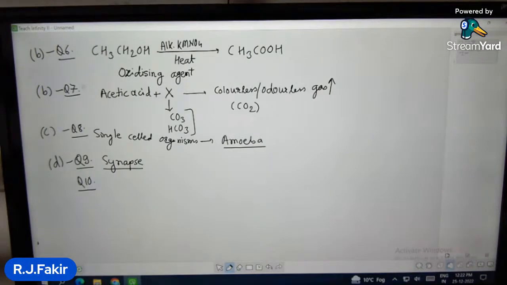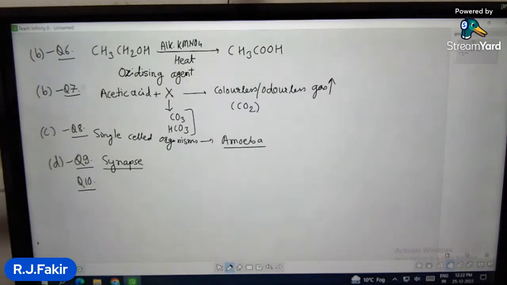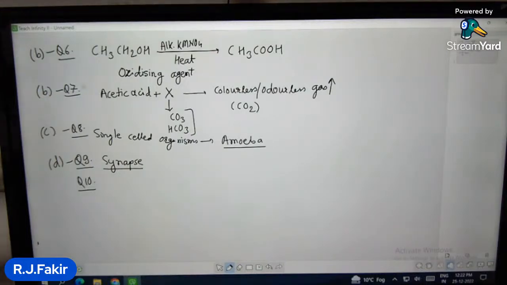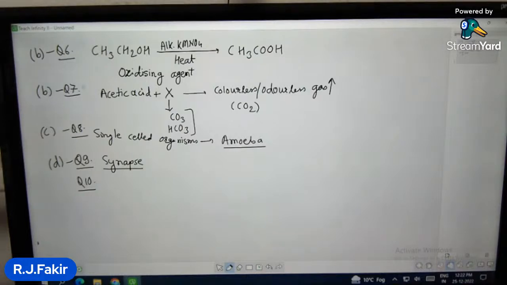Now question number 10. Offspring formed by asexual method of reproduction have greater similarity among themselves because. Option A, this kind of reproduction involves only one parent.